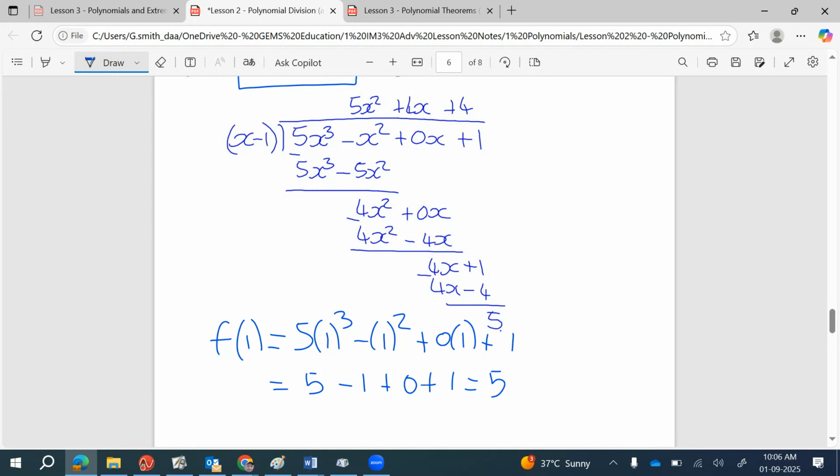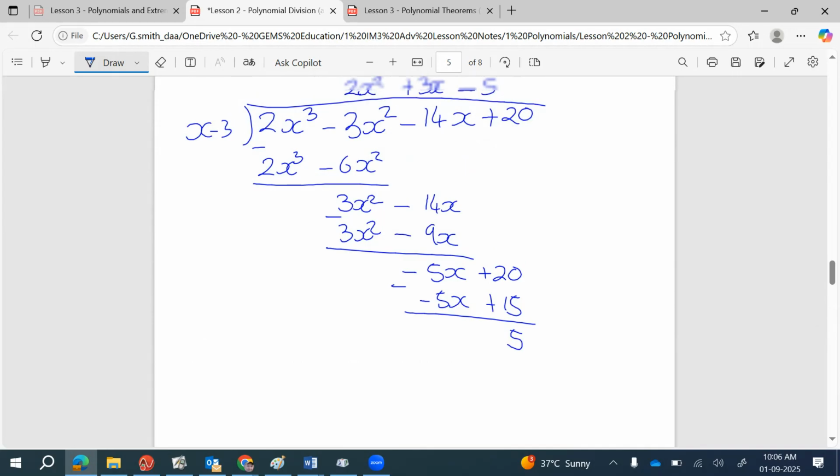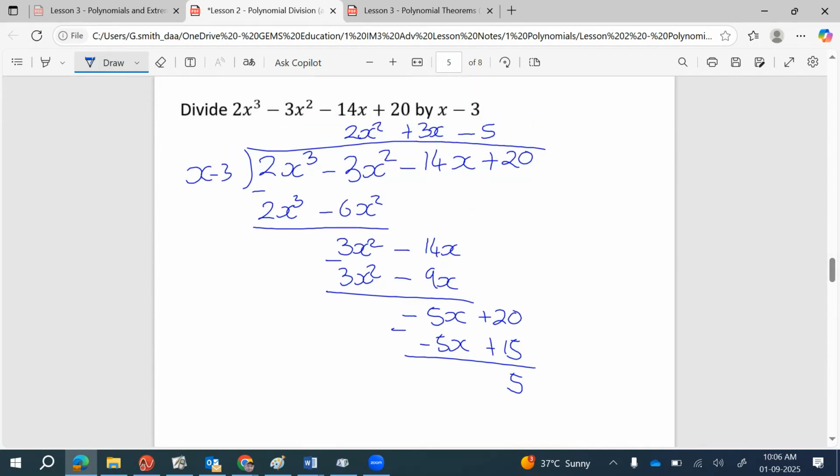Let's try another one. Try this one. It's 3. So we divide, and f of 3 should equal what? 5. Should we try it?